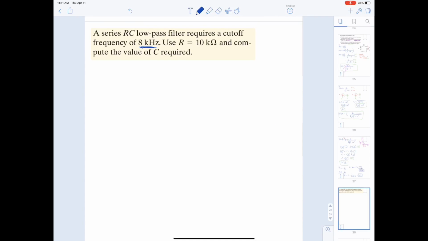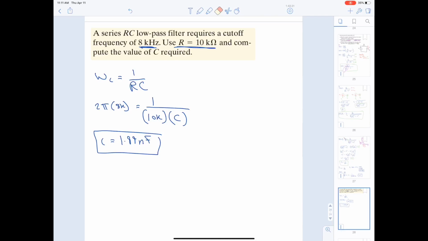Use R and compute the value of C. The only equation that has all these given numbers in one equation is omega c, which is 1 over RC. Omega c is 2 pi 8 kilo, equals 1 over 10k multiplied by C. C is equal to 1.99 nanofarad. Simple. Okay, so now we're done.